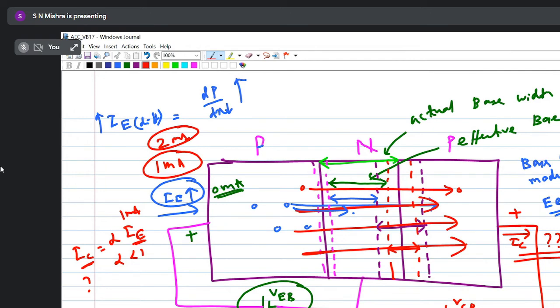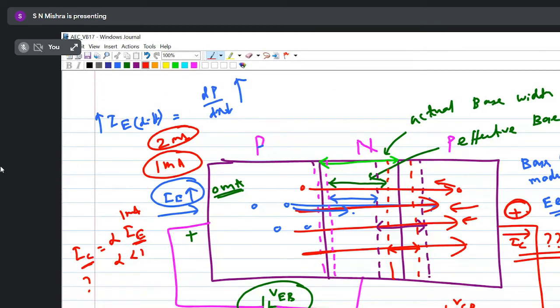When I had taken negative potential at the collector, it was attracting holes. Now I am giving positive potential towards the collector. So what will happen? Will the holes be attracted by the collector or will they repel back? They will repel back. So this positive potential will repel these holes towards the opposite side.